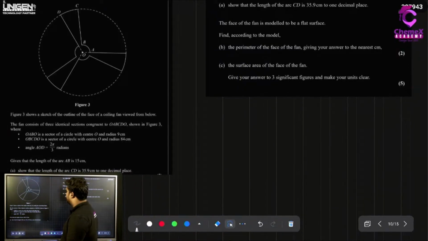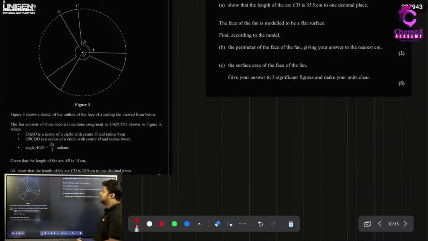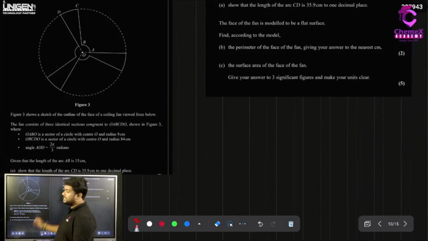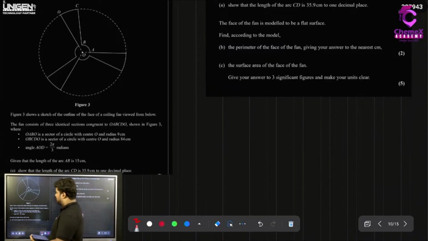Okay, let's keep it like that. Figure 3 shows a sketch of the outline of the blades of a ceiling fan. So ceiling fan, you know, no, this dotted line is not the fan. It's to show that it's a circle. OBD is a sector. And angle OAD is equal to 2 pi over 3. Find the length of the AB.